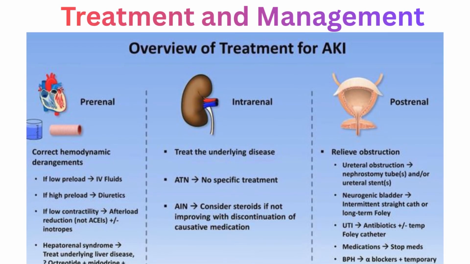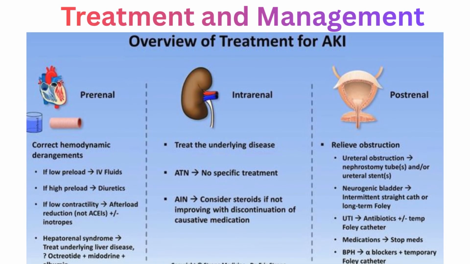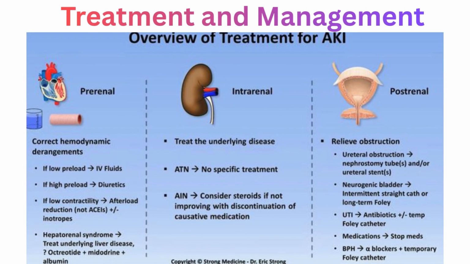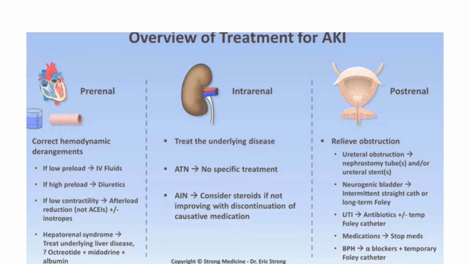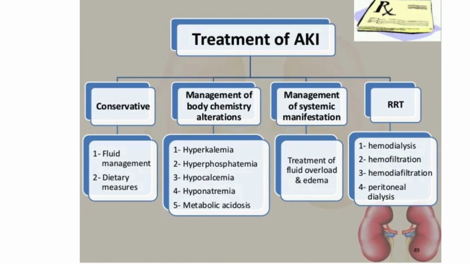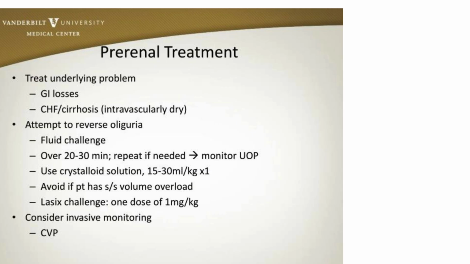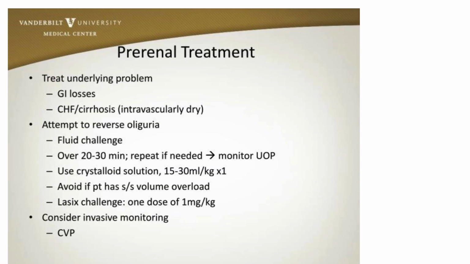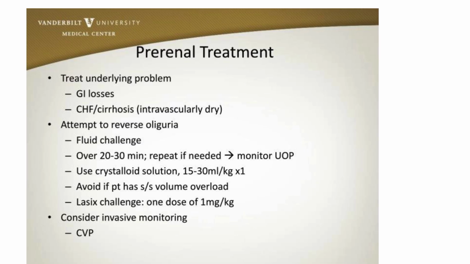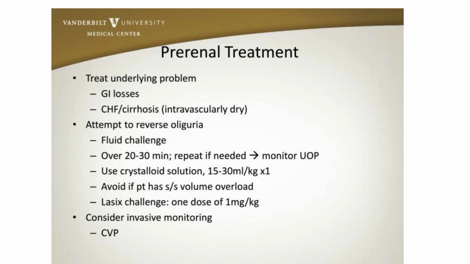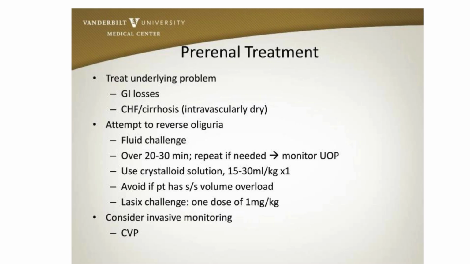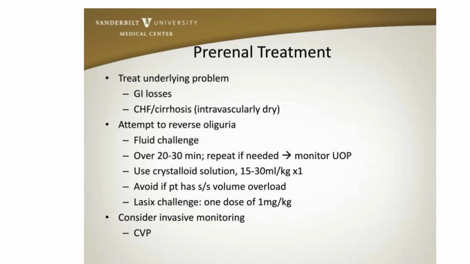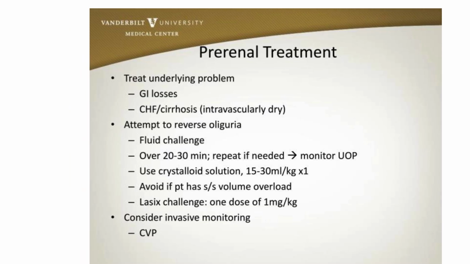So, some treatment and management. The treatment and management focus on the underlying causes and preventing complications. For pre-renal treatment, treat the underlying problem, GI losses, attempt to reverse oliguria, fluid challenge, avoid if patient has signs, symptoms of fluid overload.